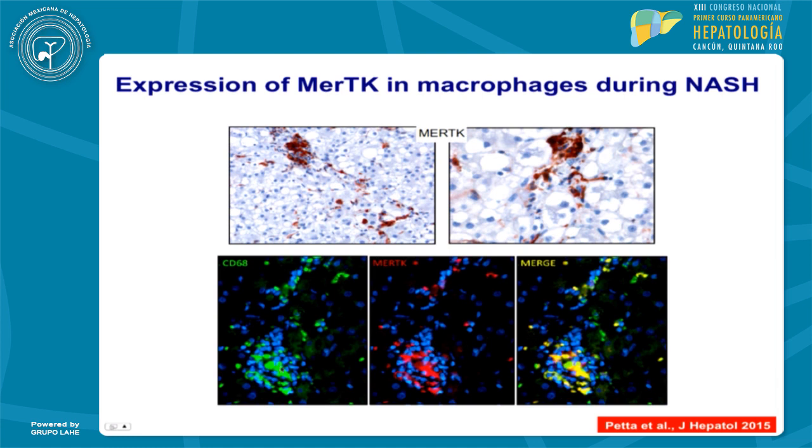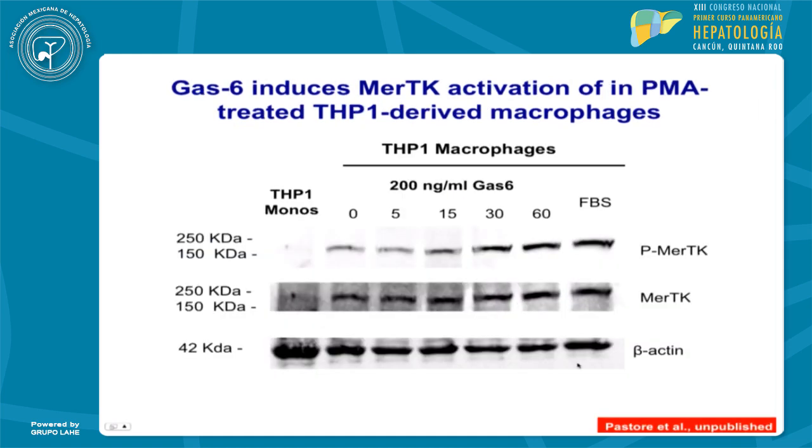You can see here the immunohistochemistry, where the green signal in macrophages co-localizes with MERTK with the red signal, giving a yellow signal. So in our lab, we struggled a little bit to differentiate the macrophages to express high levels of MERTK, but finally we did that in cell lines like THP1 monocytes, and we are now repeating it in primary monocytes.